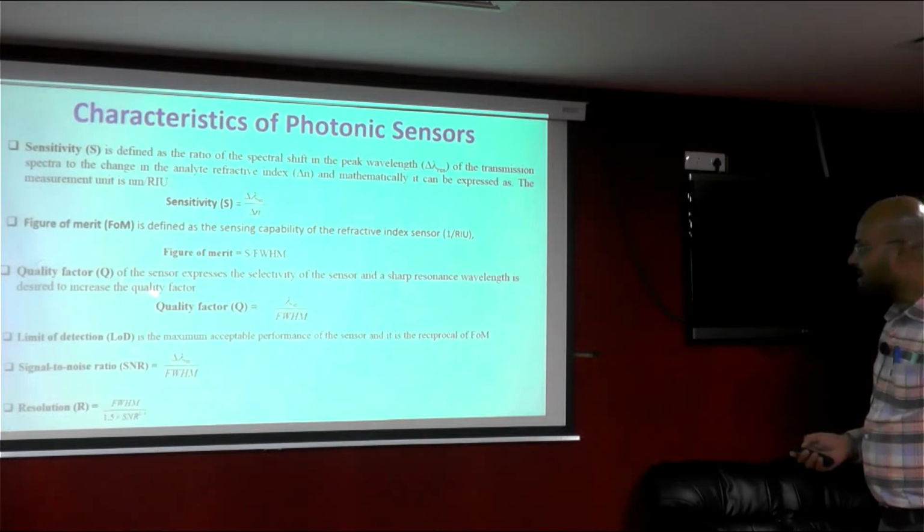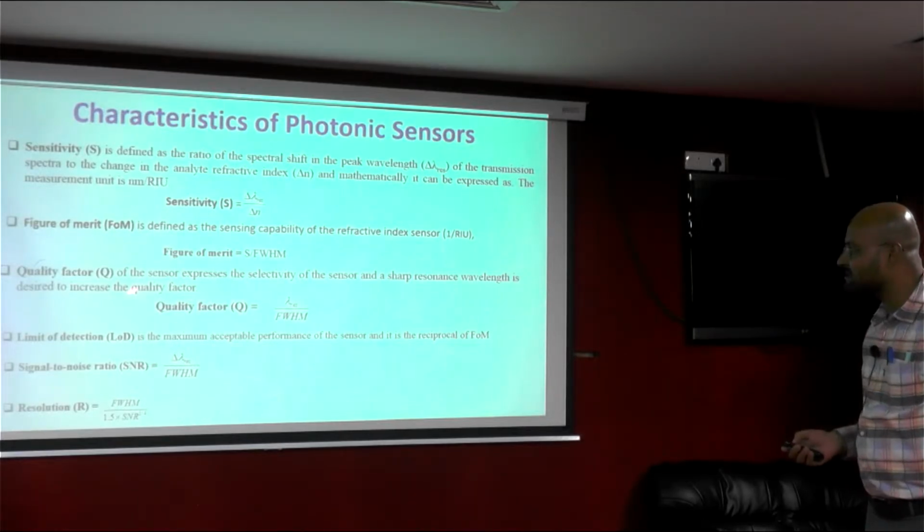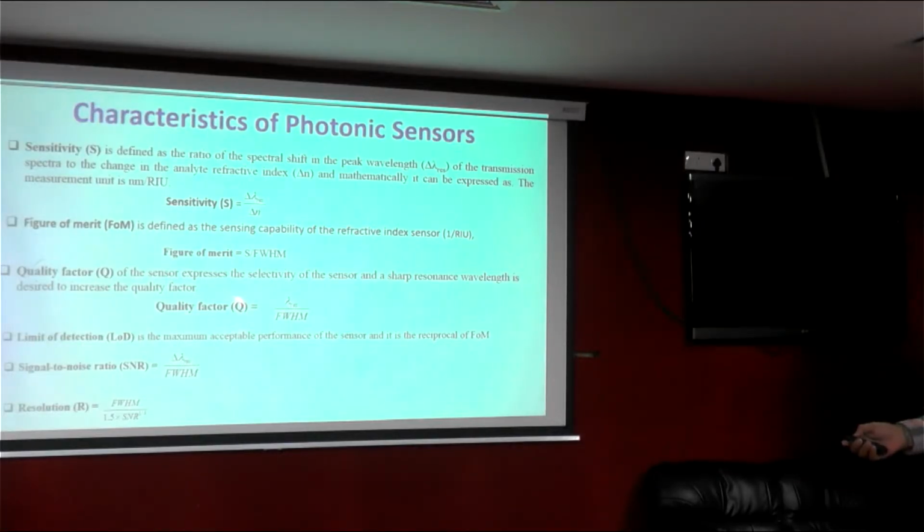And what about the quality factor? The quality factor of a sensor expresses its selectivity, and a sharp resonance wavelength is desired to increase the quality factor. If you observe, in the numerator we have the resonance frequency divided by FWHM.